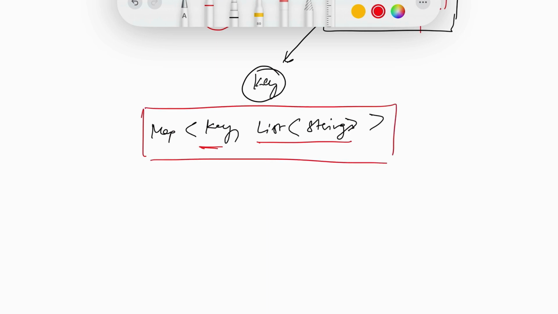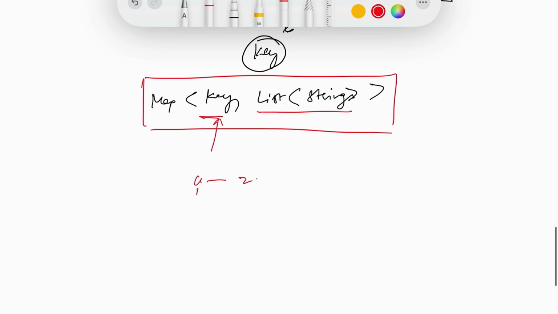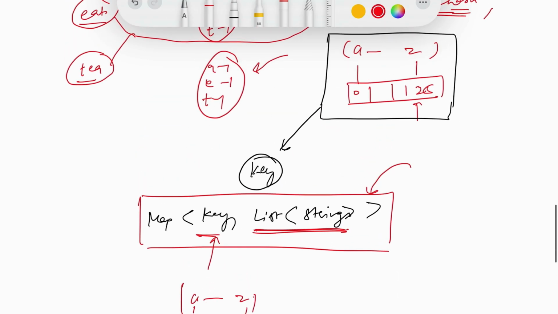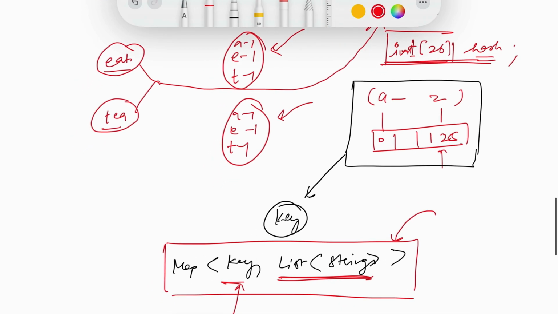Okay, I hope that is clear to you. This key will correspond to their frequency array, or you can say the count of A to Z. And this list of strings is just a group of strings. Let's say in this case, what will be the key for this hash? A is 1, E is 1, T is 1. So the key is A frequency 1, underscore, B frequency, C frequency, D frequency, E frequency 1, and so on. The T frequency is 1 and other frequencies are 0.